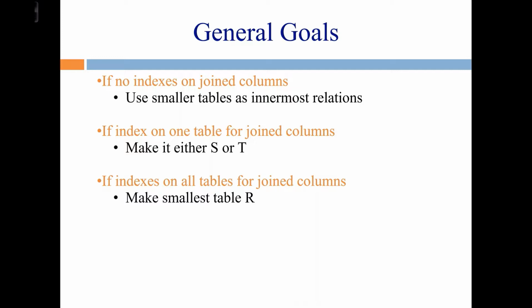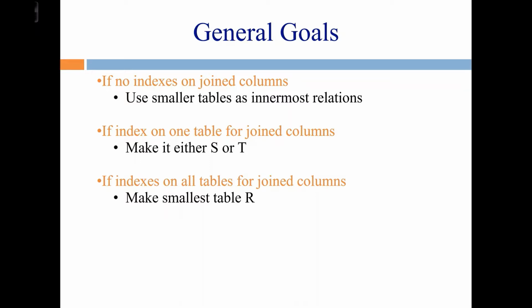And I say generally because there are some special circumstances where it will make different decisions. That's usually, though, if all of the relations are quite small and memory considerations are not that relevant. If there is a considerable size difference between the tables, though, it will make the smallest one the innermost one.